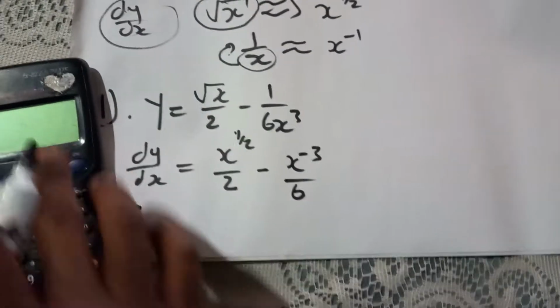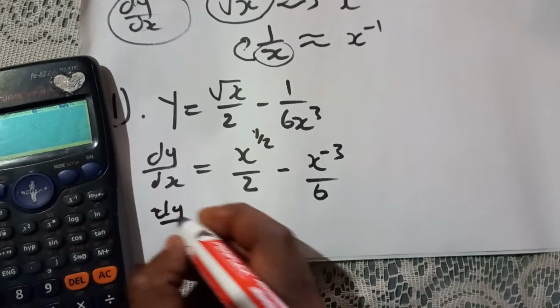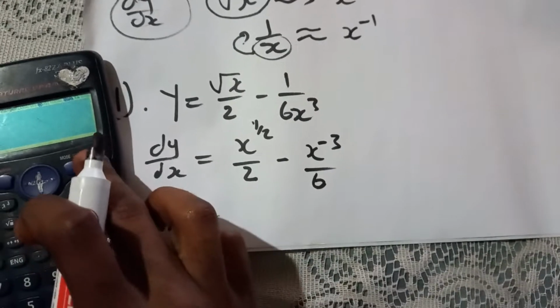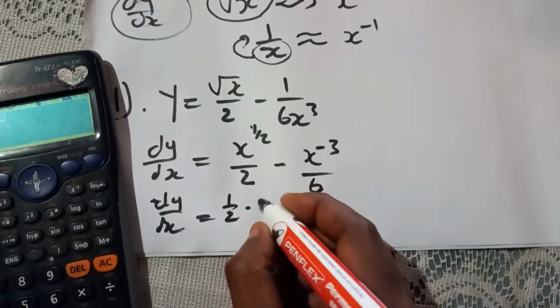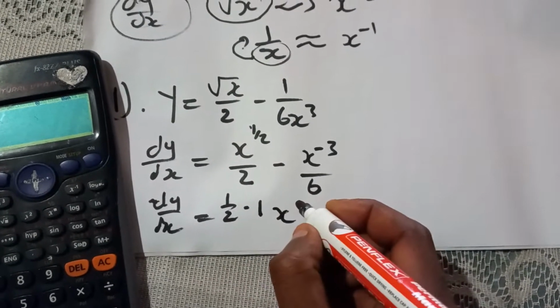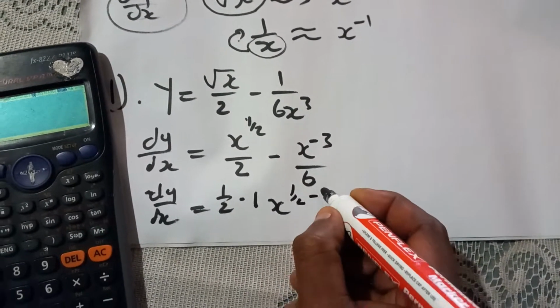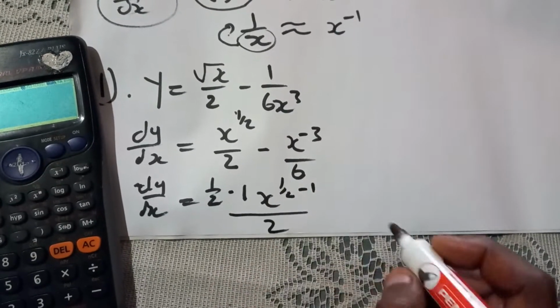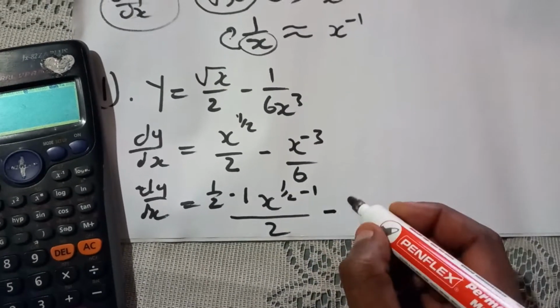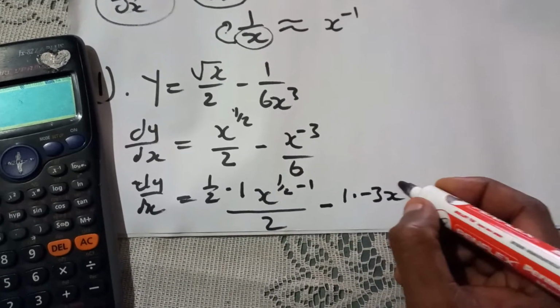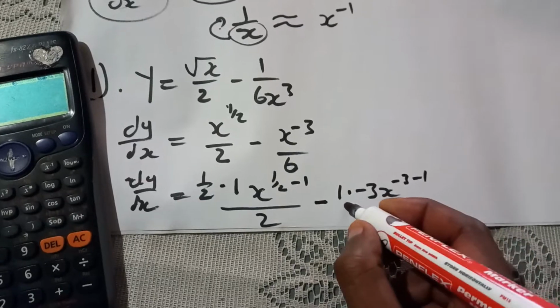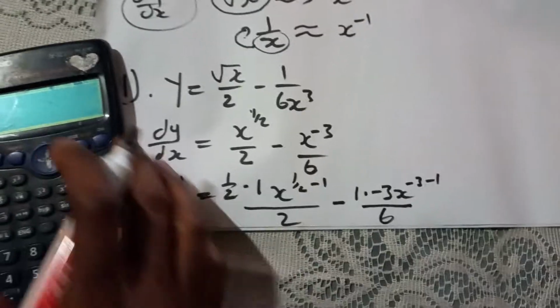So this is going to be dy over dx, which equals 1 over 2 multiplied by x to the power 1 over 2 minus 1, over 2, minus 1 multiplied by negative 3 x to the power negative 3 minus 1, all over 6. I don't know if you understand what's happening.